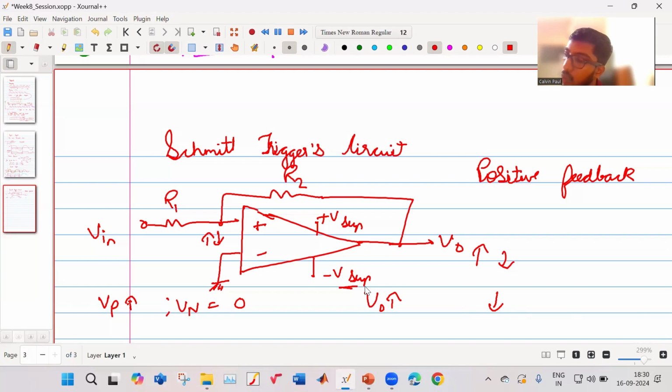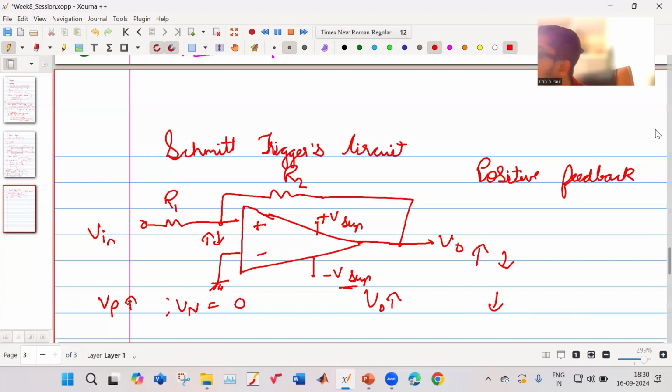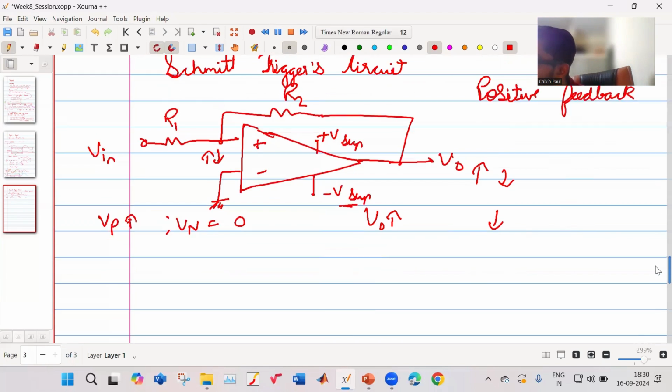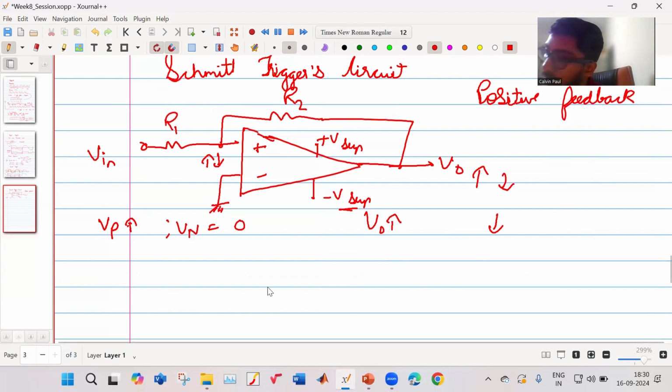Now, how do we ensure that there's a certain band? One band will help in protection, and help in overcoming the problem of noise. So what is the potential over here? What is VP over here?